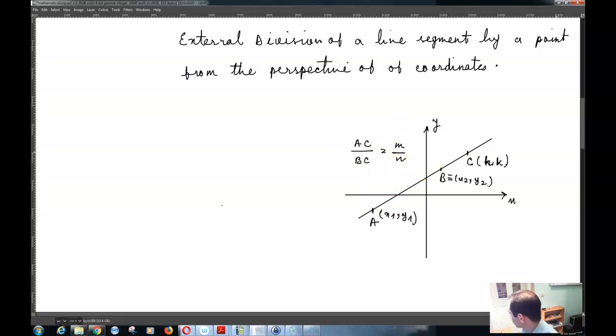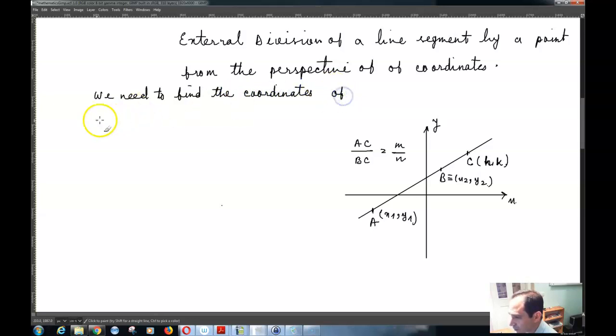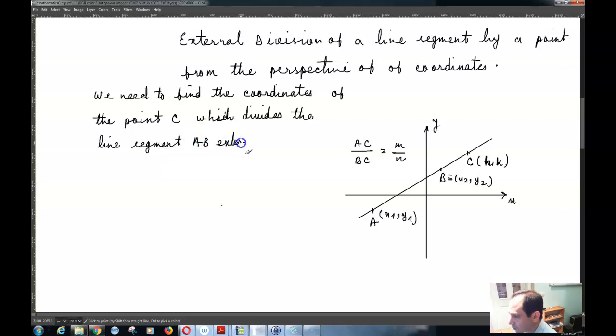then now we want to find a point C. We need to find the coordinates of the point C, which divides the line segment AB externally in the ratio m to n.